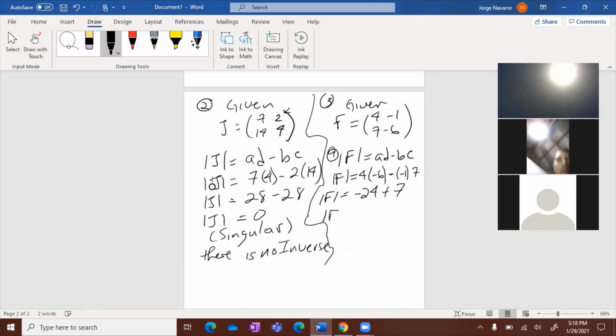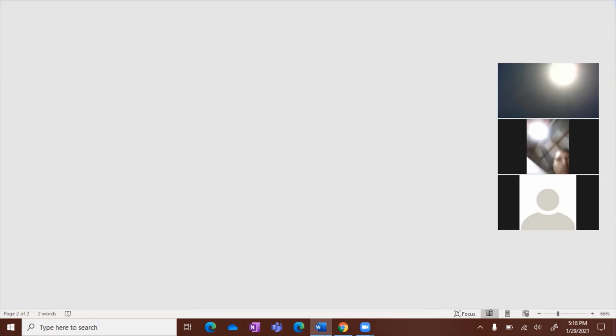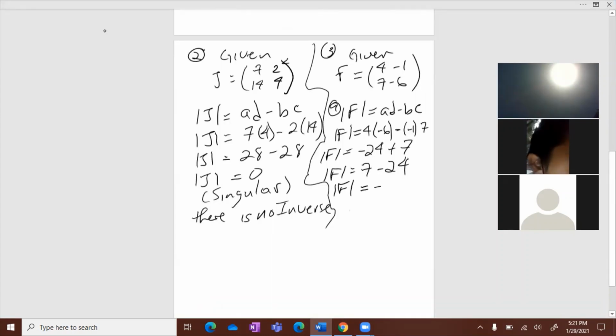But remember, we have to read it as 7 minus 24 because the positive has to be read first. So when I subtract that, I am going to get negative 17. So this is, of course, a non-singular matrix, right? So that's A.